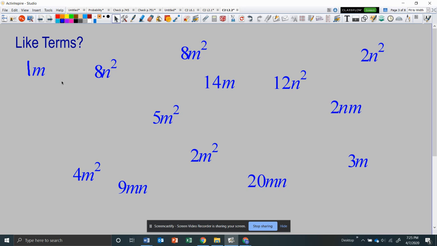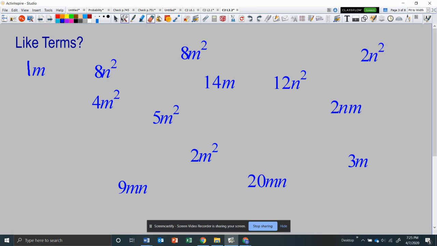This is not like that term. It doesn't have an m. And this one down here has an m, but it's an m to the second power, just like 4. 4 is different from 4 to the second power. 4 is just 4. 4 to the second power is 16.